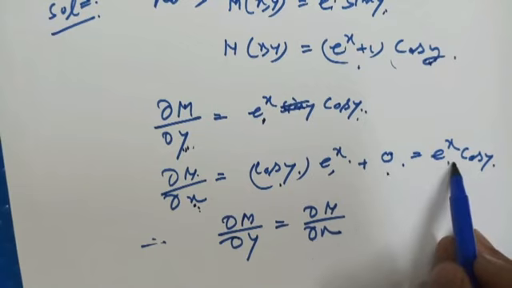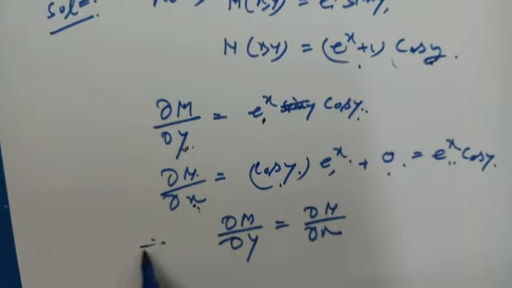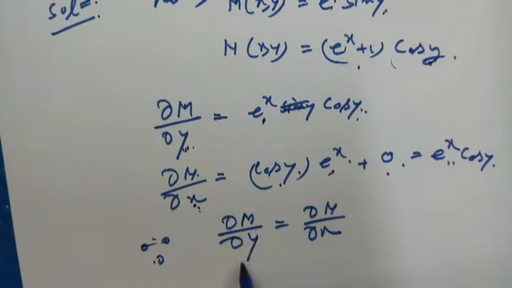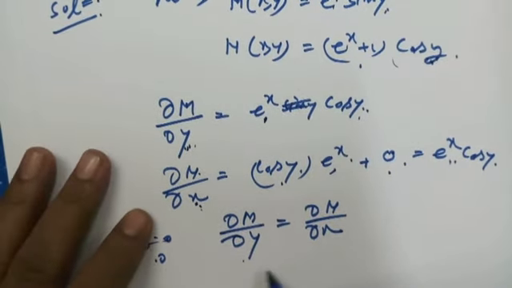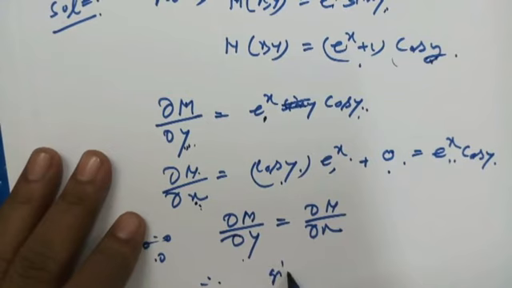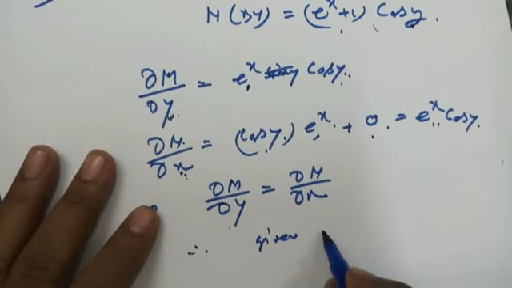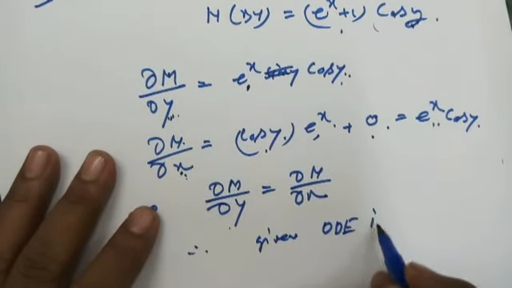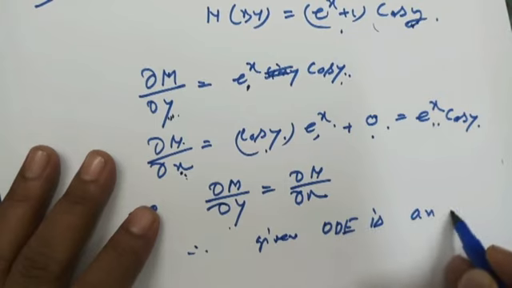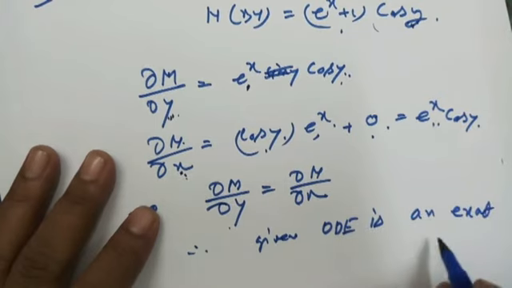Now this is e power x cos y. So since del m upon del y equals del n by del x, the differential equation is exact. The given O.D.E. is exact.